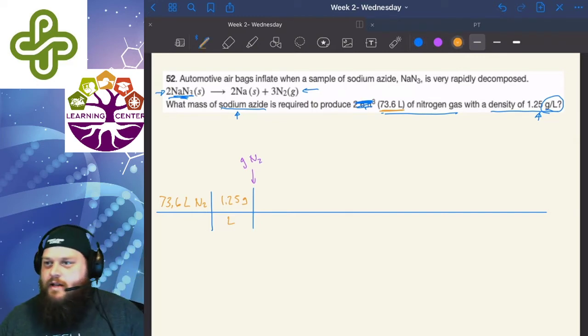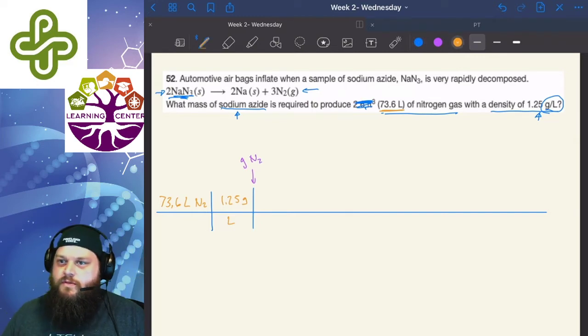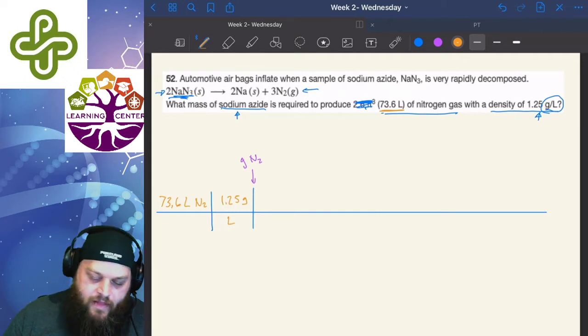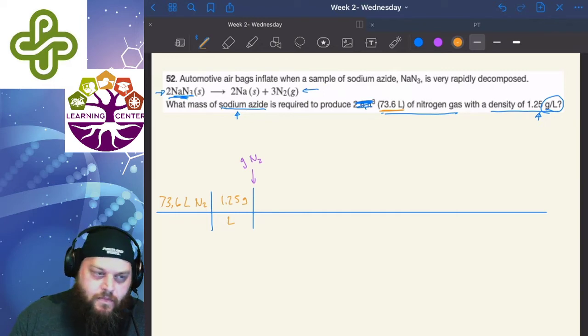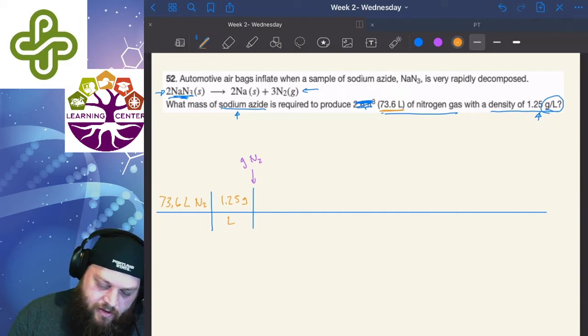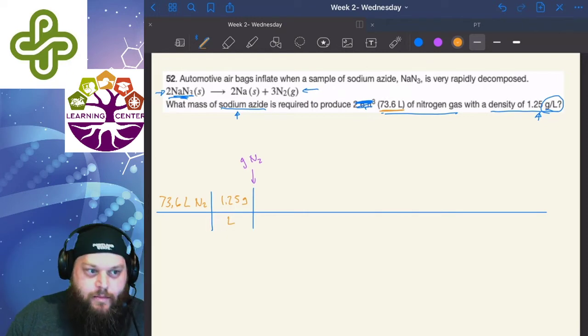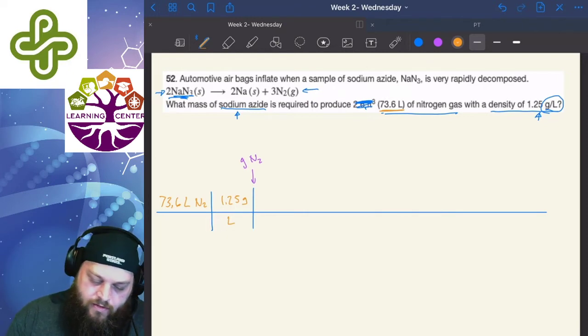The next stage is we want to convert it into moles, because when we're dealing with two different types of compounds, that center channel that we can transfer and convert everything through is that molar ratio and the balanced equation that we have up above. So to get from grams to moles, we have to use the molar mass. The molar mass of N2 is in grams per mole, and we want to divide by that.